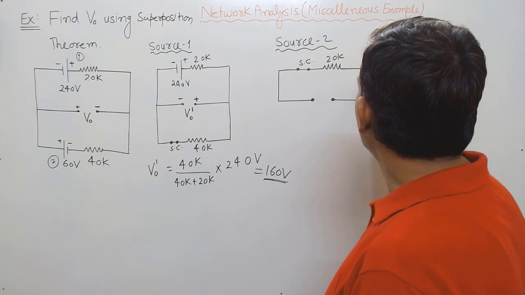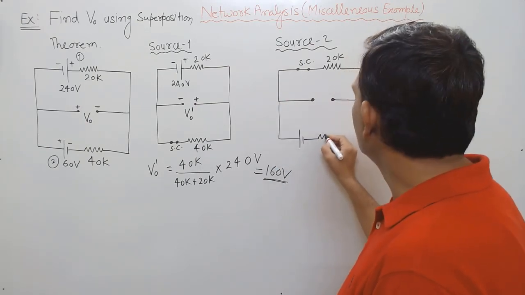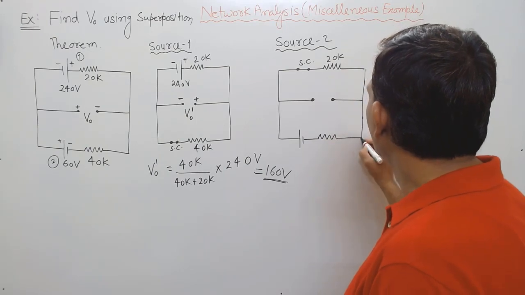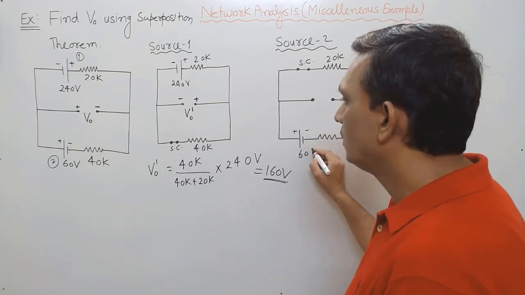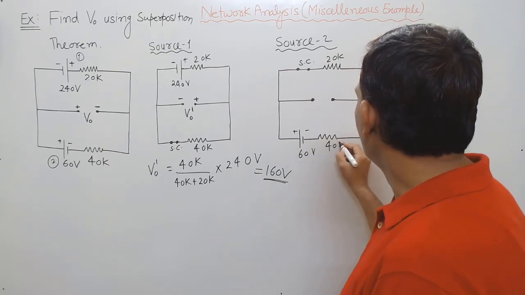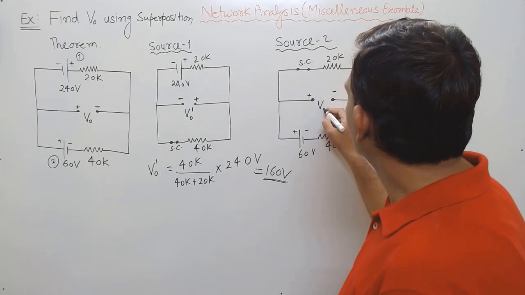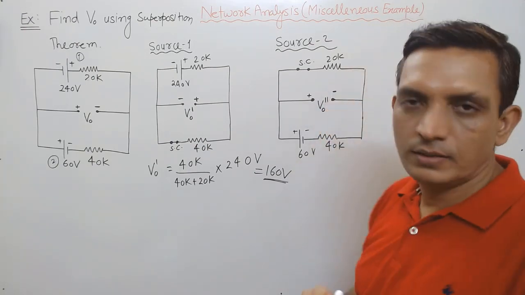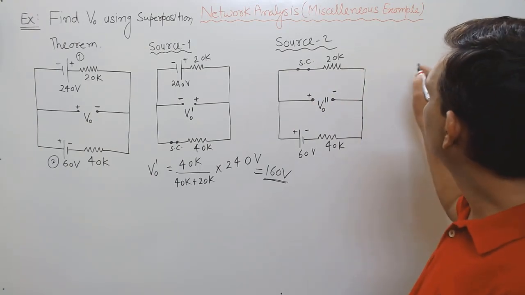You have to find this drop. This polarity is plus minus, with plus minus 60 volt. This is 40k, so accordingly this drop will be plus minus. This voltage is VO double dash. So you can easily find VO double dash.